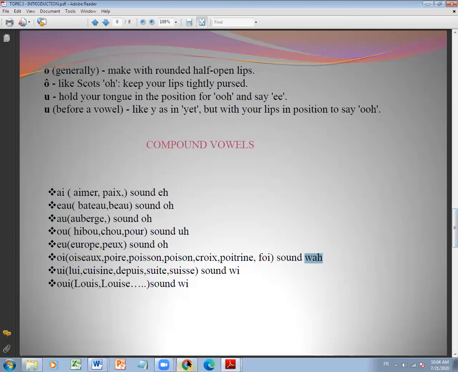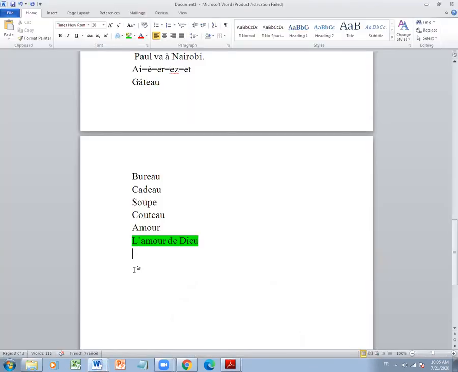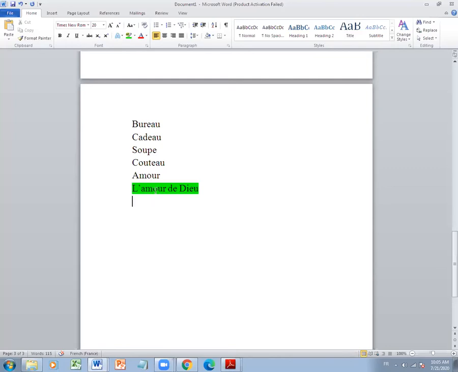Now let me bring you back to this. Try to read it. Can you read what is highlighted in green now? L'amour de Dieu.